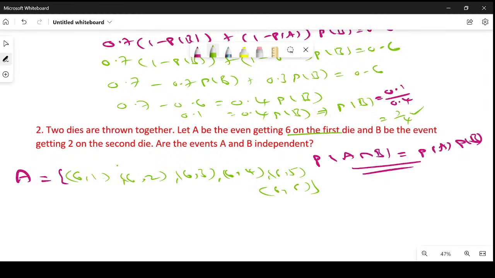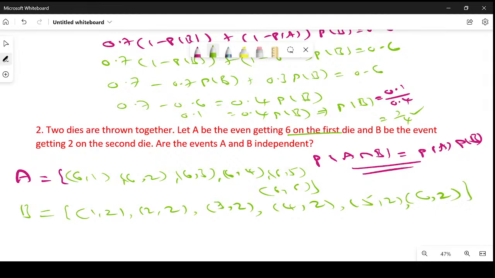B is getting 2 on the second die. So B is equal to (1,2), (2,2), (3,2), (4,2), (5,2), (6,2). This is the event B.